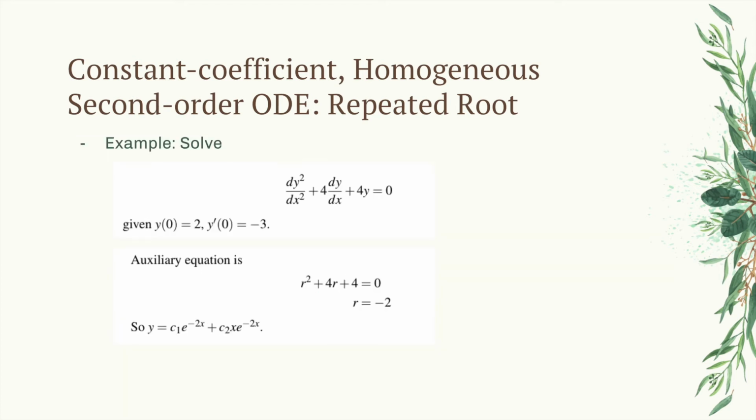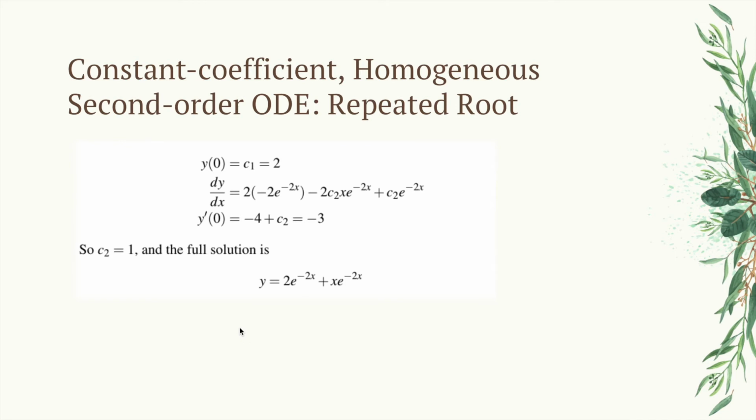An example is to solve d squared y dx squared plus 4 dy dx plus 4y equal to 0, given an initial condition here. The auxiliary equation gives a repeated root of r equal to negative 2, and therefore the solution is y equal to c1 e to negative 2x plus c2 x e to negative 2x.